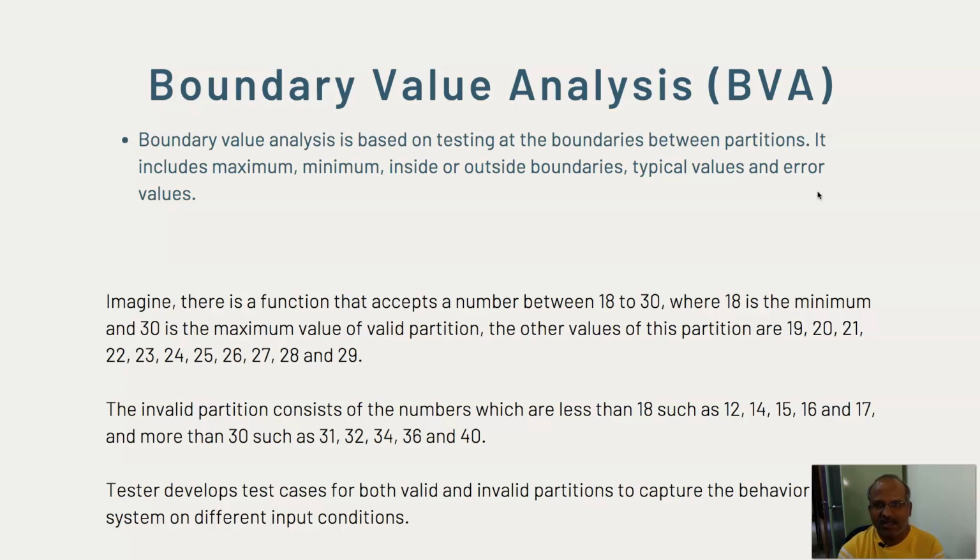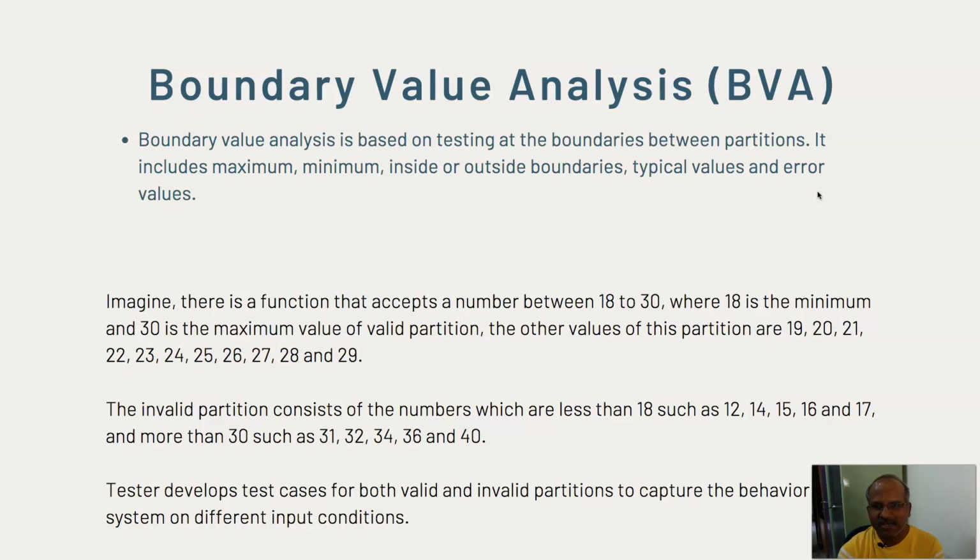That is why it is called boundary value analysis. Basically, it is based on testing at the boundaries between partitions. It includes the maximum value, minimum value, inside and outside the boundaries, typical values, and error values, right?